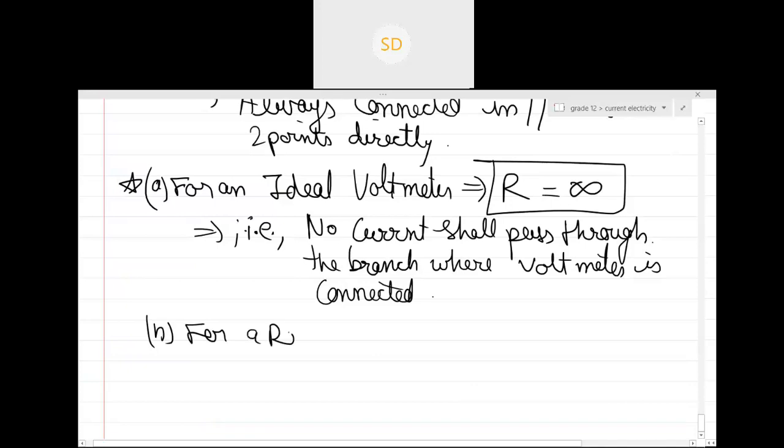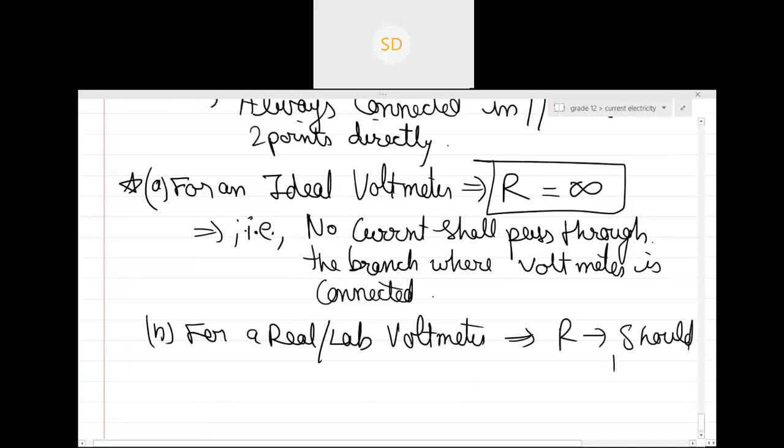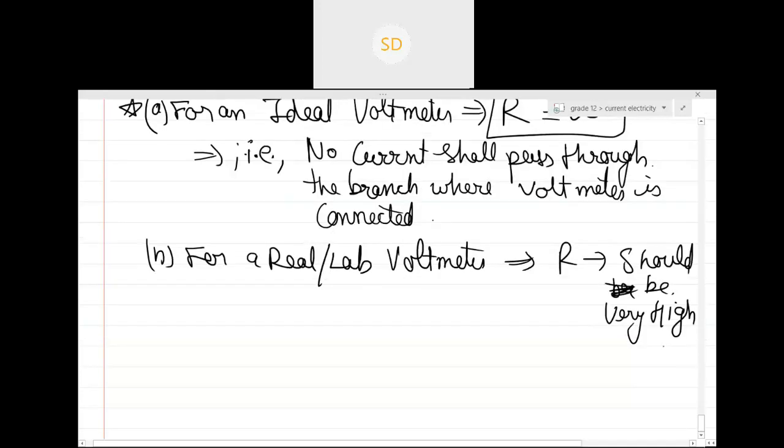So for a real or a lab voltmeter, the resistance should be very high. Okay. Is this clear, guys?